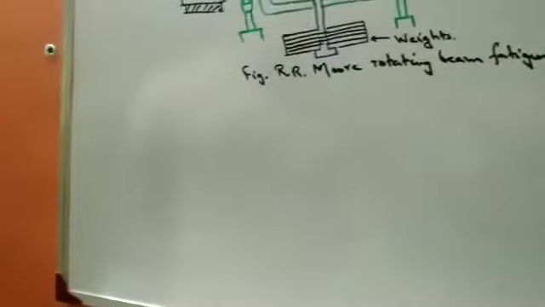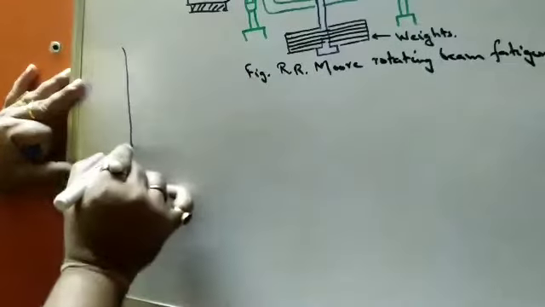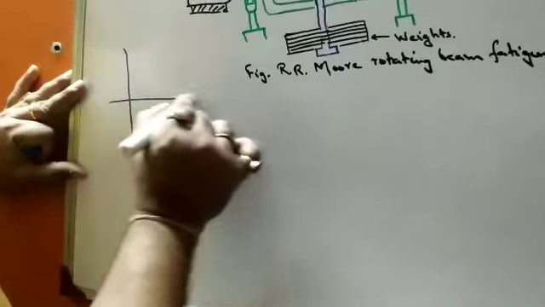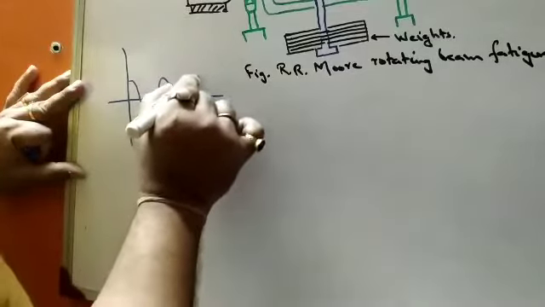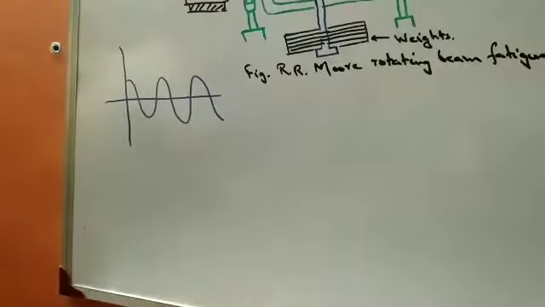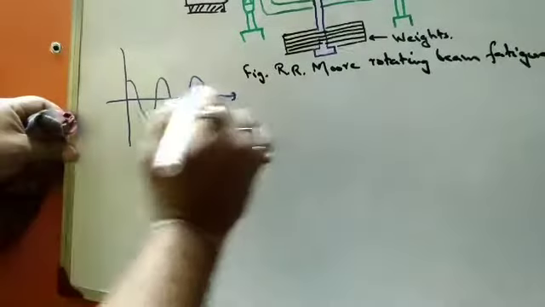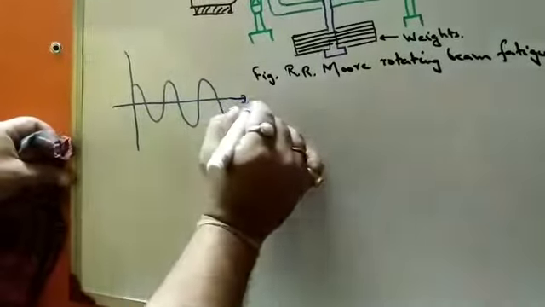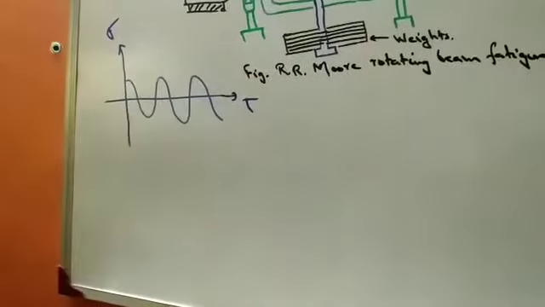Now we have studied what is called a completely reversed stress. If you try to recall my last class, this is basically called a completely reversed stress. You have studied this: the x-axis represents time, and the y-axis represents stress.